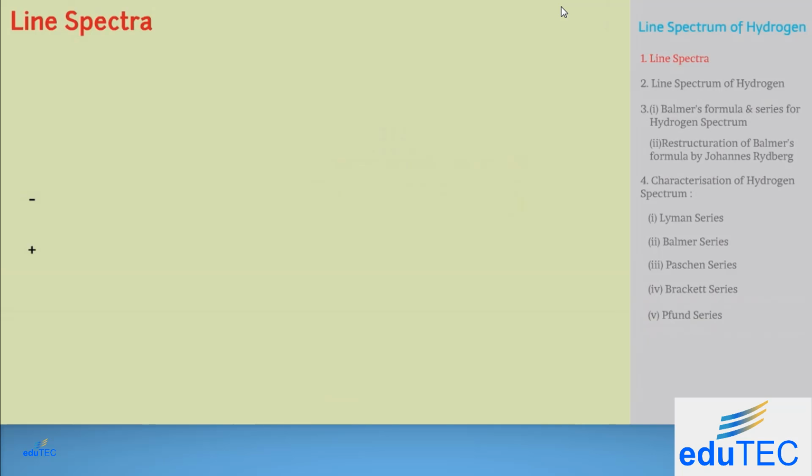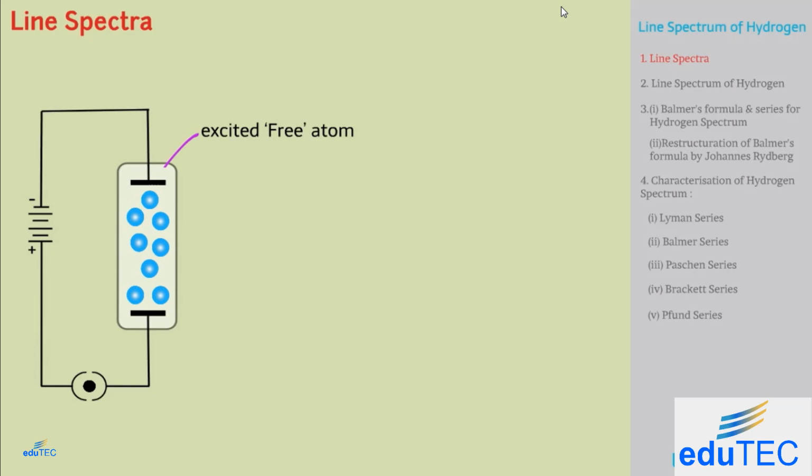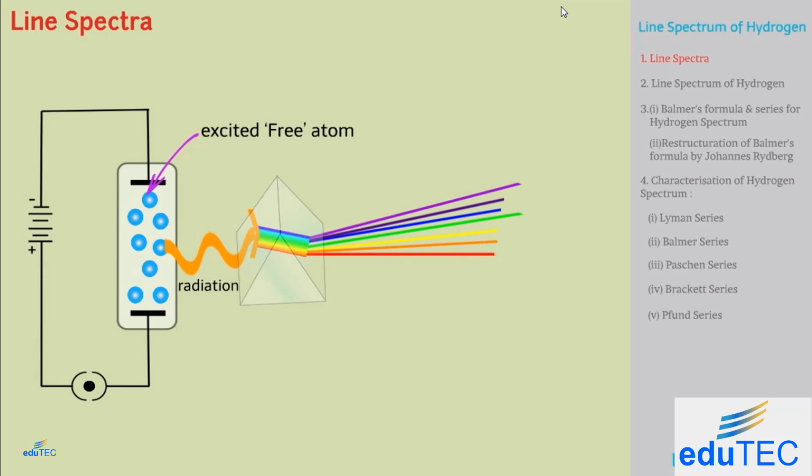In the previous video, we have learned that an excited free atom present in a gas emits radiation only at specific fixed wavelengths, due to which there is formation of sharp bright lines on the dark background.